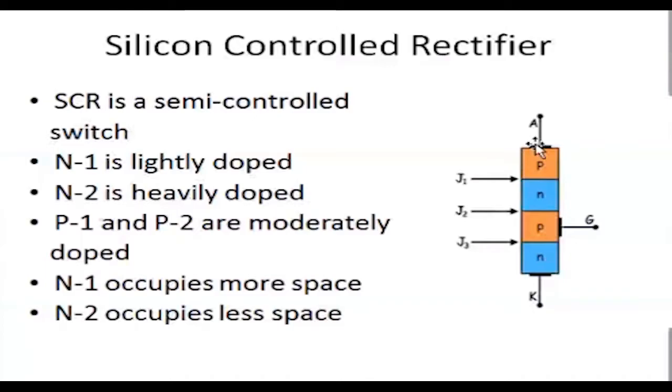And there are 3 terminals. You can see 3 terminals. A represents the anode connected to the first P layer. K represents the cathode connected to the second N layer. And G represents the gate connected to the second P layer. Since there are 2 P layers and 2 N layers, let us name each layer.